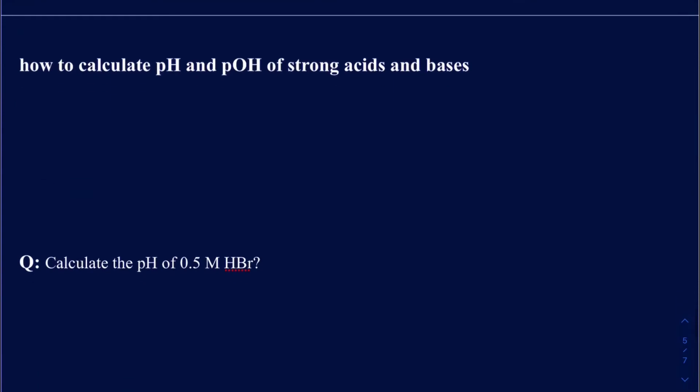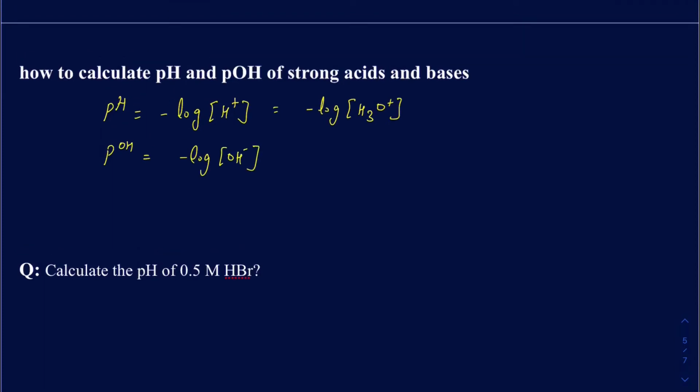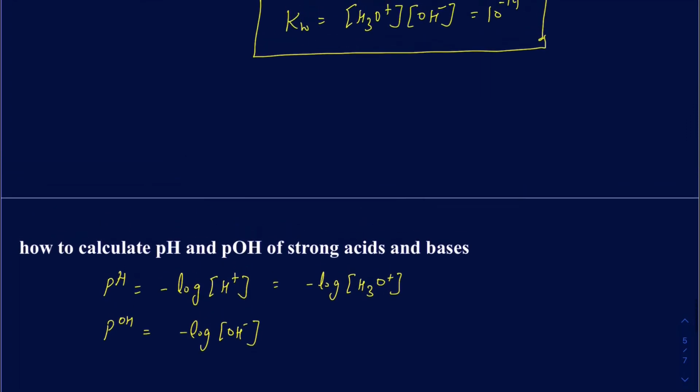Well, let's talk about how you calculate the pH and the pOH. The definition of pH is going to be the negative log of H plus, or the negative log of H3O plus. So it's kind of the same thing. And then the definition of pOH is going to be the negative log of OH minus. Okay, and obviously these definitions literally come from the Kw.